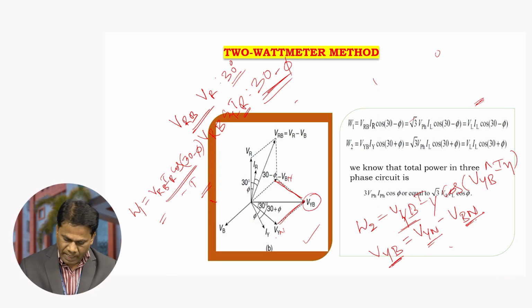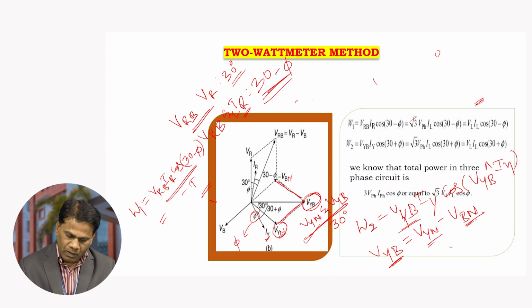Here we know that the angle between VYN and IY is the power factor angle or lagging angle phi. Whereas the angle between phase voltage VYN and line voltage VYB is 30 degrees. But we need the angle between VYB and IY.